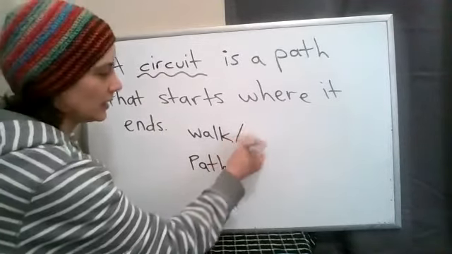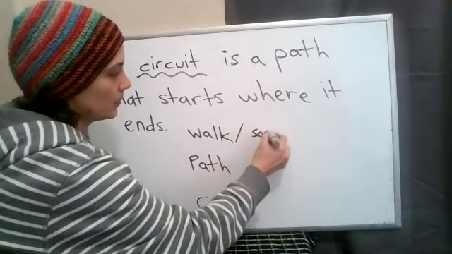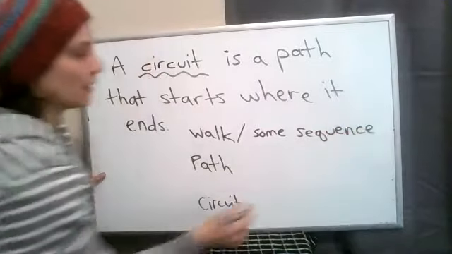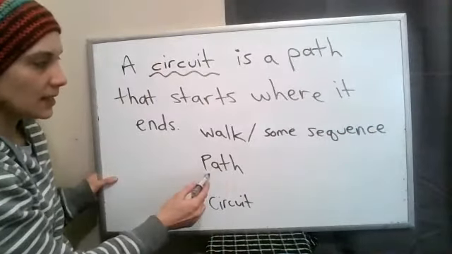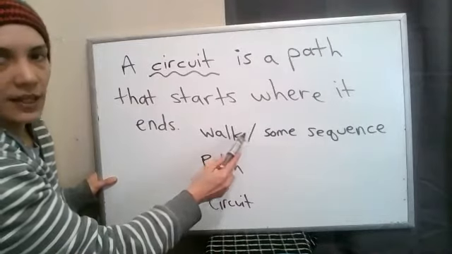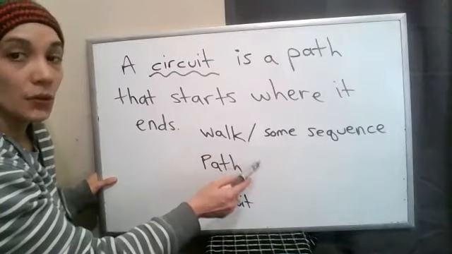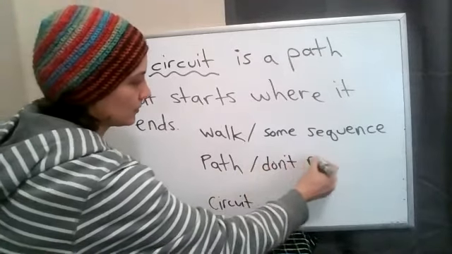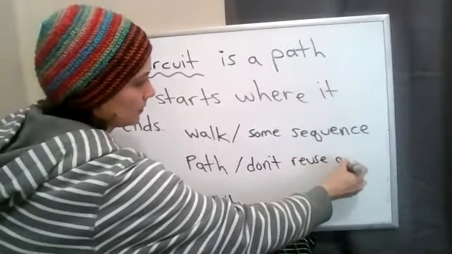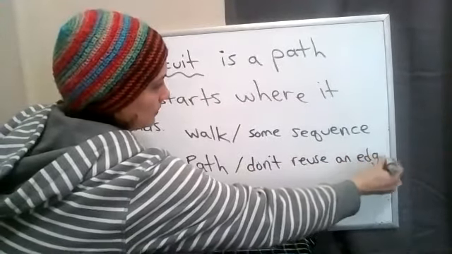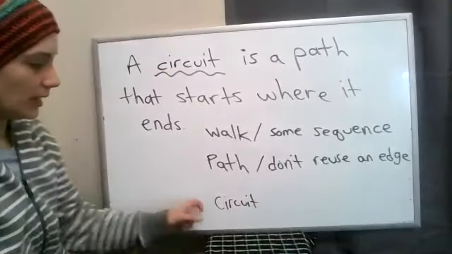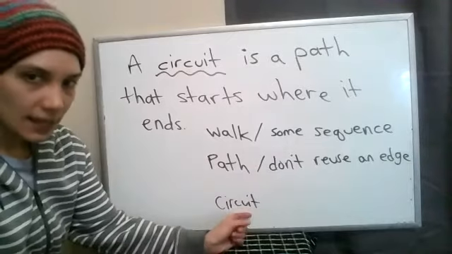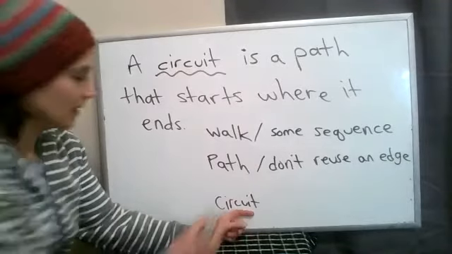So I just put it's like a sequence. And then the path is a walk and don't reuse an edge. Okay, and a circuit is a path, so you don't reuse edges, and the start is the same as the end.